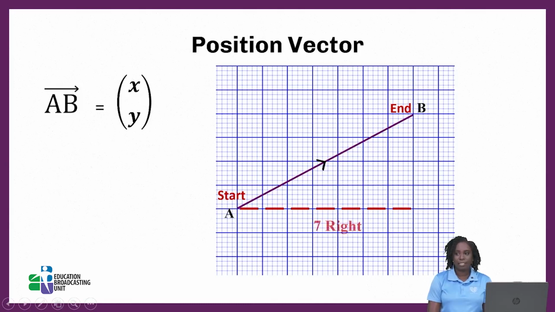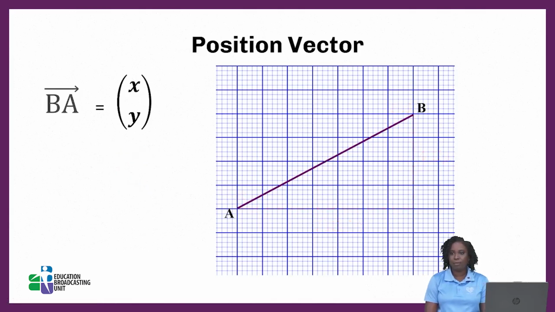And in this case, it's to the right 7 places. And then we are going to move upwards to B, and we would have moved 4 places up. And so this vector is going to be written as (7, 4). Just a reminder, we went to the right 7 and up 4. Those were both positive directions, and so our result is positive.